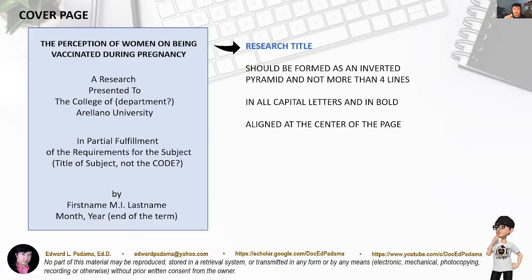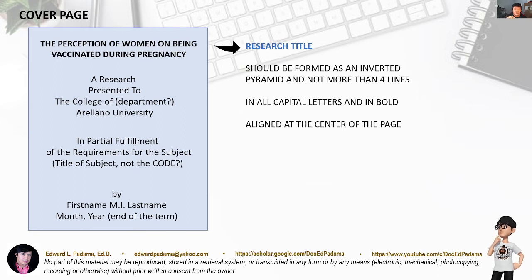Number one, the research title should be formed as an inverted pyramid. Okay? So if you are using two lines, like the example on your screen right now, make sure that the upper line, the first line on top, is longer than the second line.